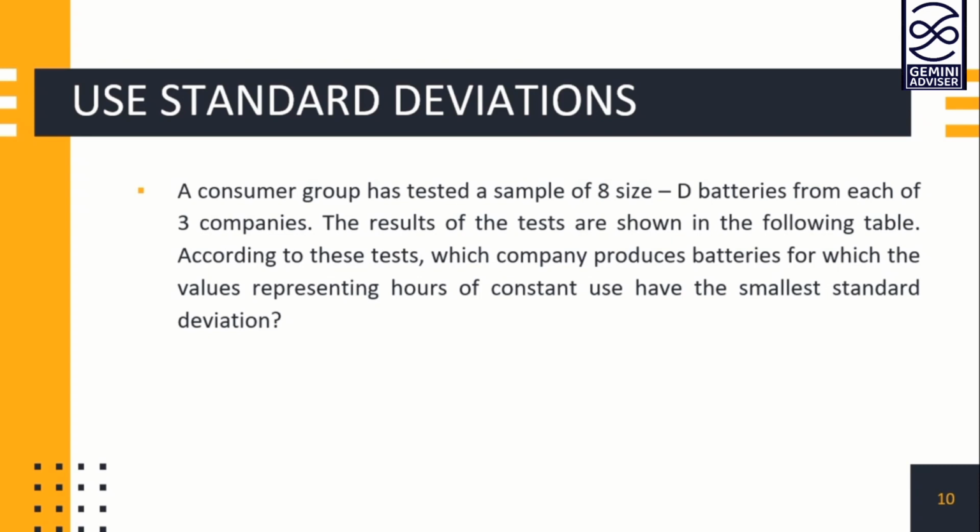Okay, so, like for example, in this problem, a consumer group has tested a sample of 8 size D batteries from each of the 3 companies. The results of the test are shown in the following table. According to this test, which company produced batteries for which the values representing hours of constant use have the smallest standard deviation?